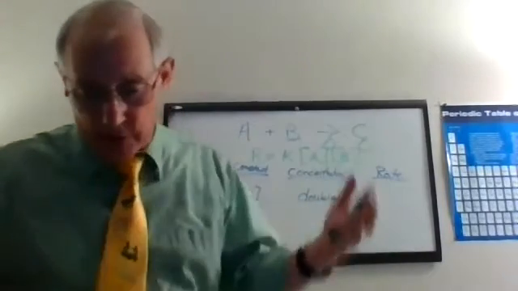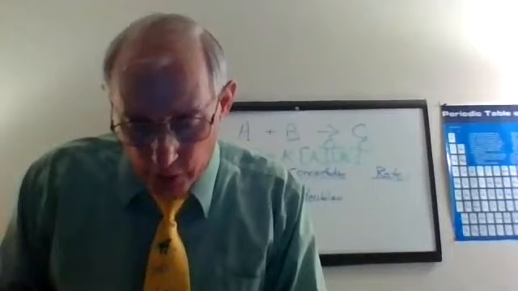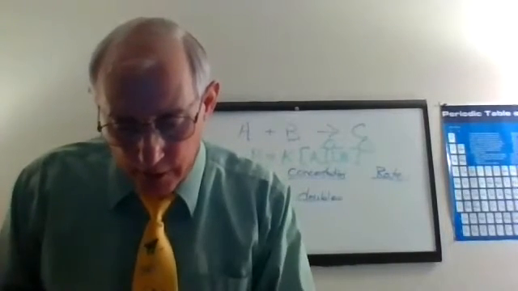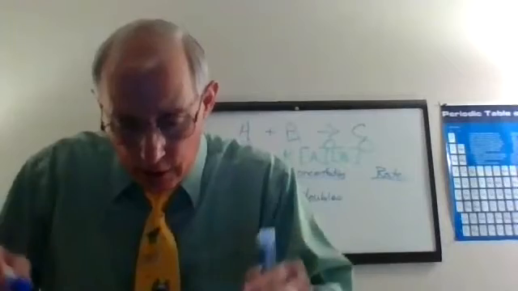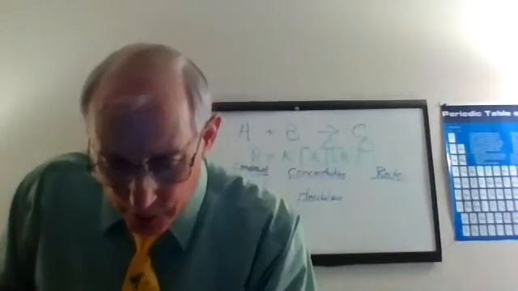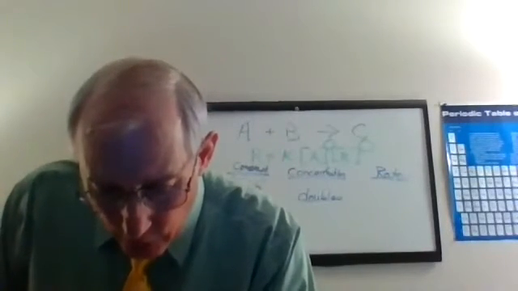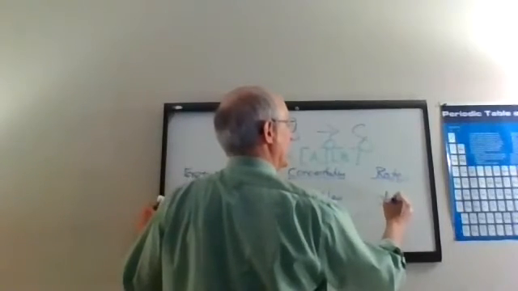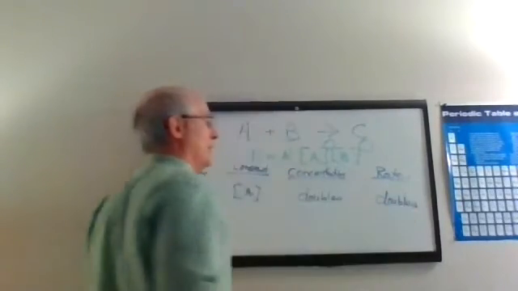That is found by simply taking 2.4 divided by 1.2, and you're going to get a doubling because we're going from 2 up to 1. Well, what happens to the rate? It goes from 4 up to 8. That also doubles.